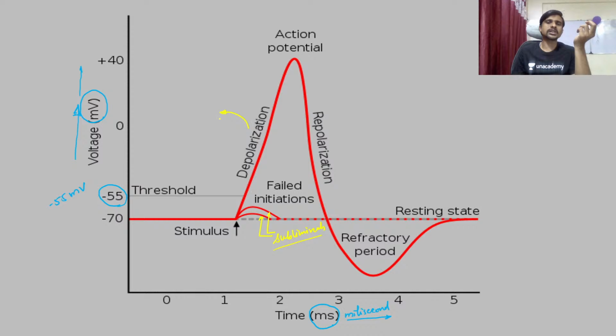We know in depolarization what happens, guys: sodium is entering inside of the cell. Okay, so sodium enters the cell, rushing inside of the cell or axon. And in repolarization we know the potassium pump is active. So here in repolarization the potassium pump or channel opens, and here in depolarization the sodium pump opens.